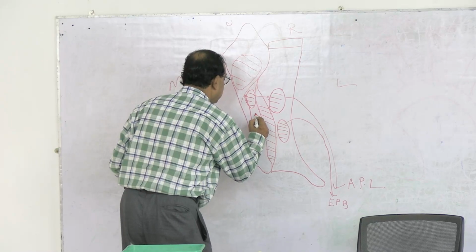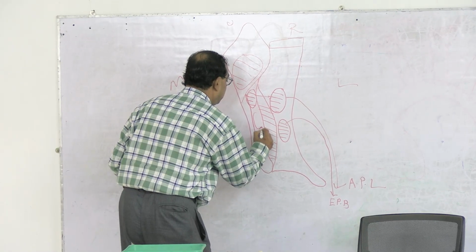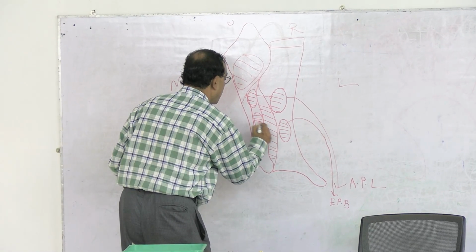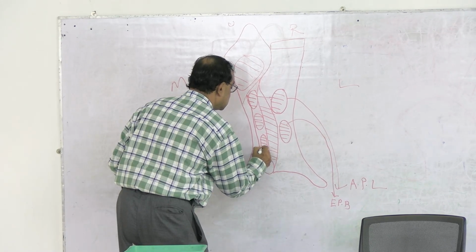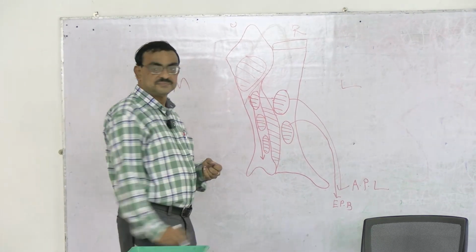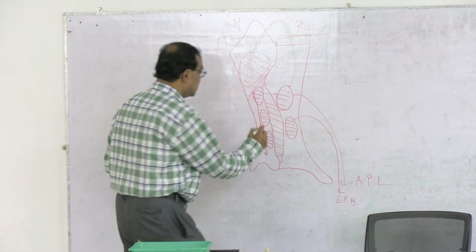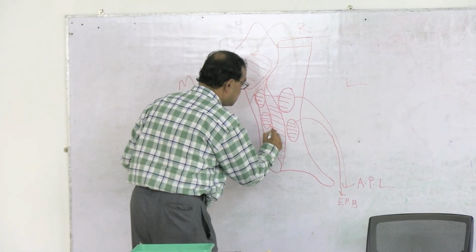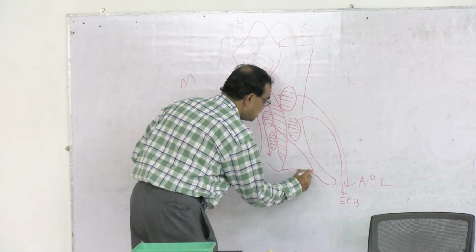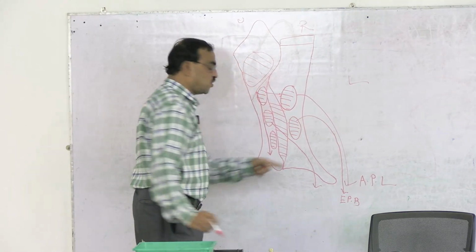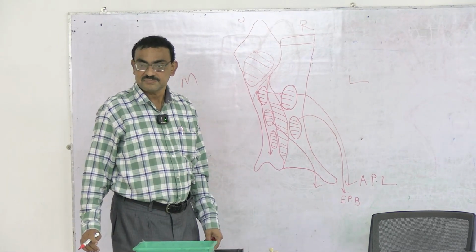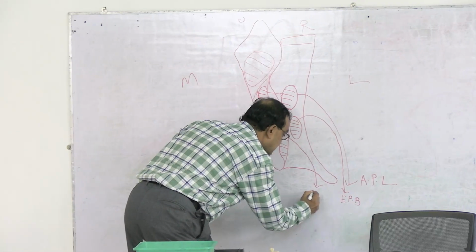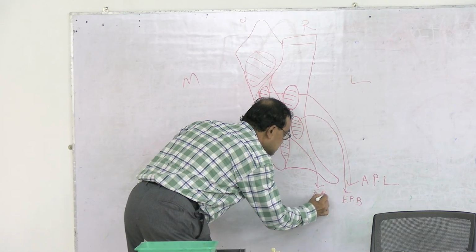From here one muscle, and from here another muscle. This muscle passes behind the dorsal surface of the lower end of the radius. Extensor pollicis longus.